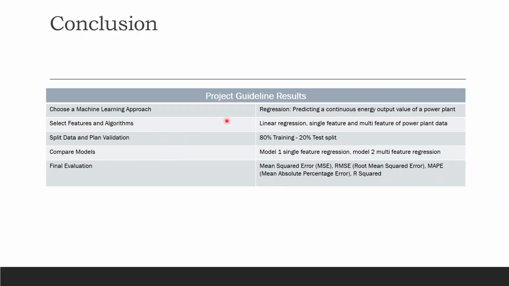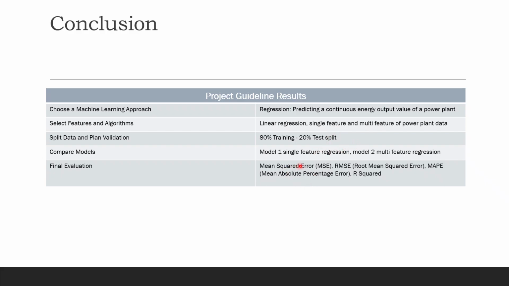So in conclusion, based off the guidelines that I had on slide 2, I just wanted to call out how I was able to get to that. So first, we needed to choose a machine learning approach. We used regression, which predicted the continuous energy output value of the power plant. We selected our features and algorithms, being linear regression, single feature, and multi-feature power plant data. We did our 80-20 training and test split.